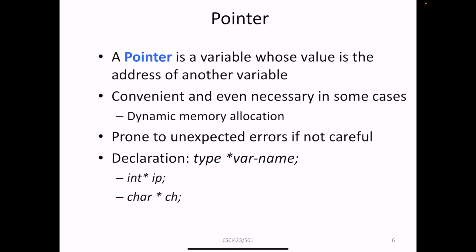Another example is that when you use the pointer to point to some memory space, for example, an array. If you simply increase the pointer of the array, but forget to check whether the pointer hit the boundary of the memory space or not, it may very easily go beyond the boundary of the memory space and point to some values which belong to another program. So that can easily cause unexpected errors.